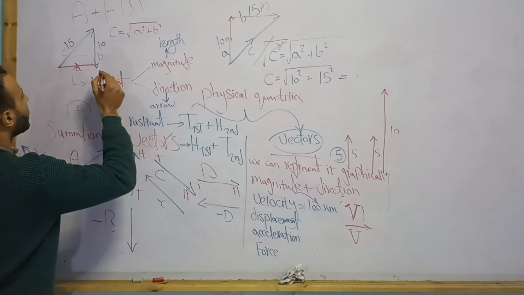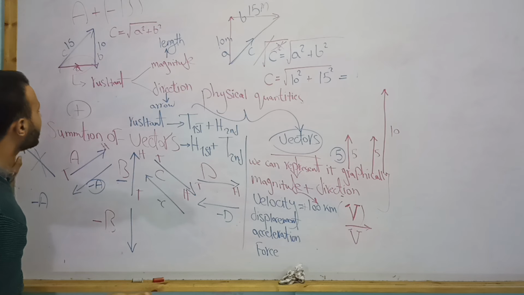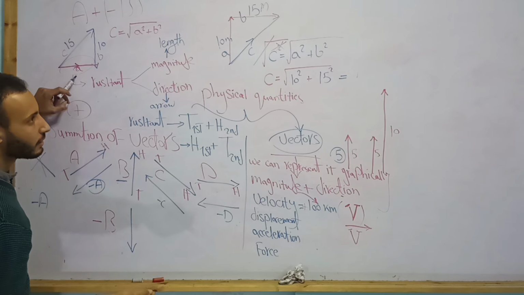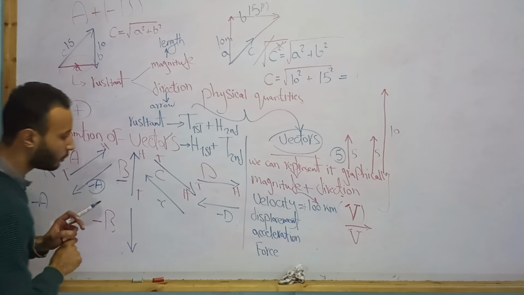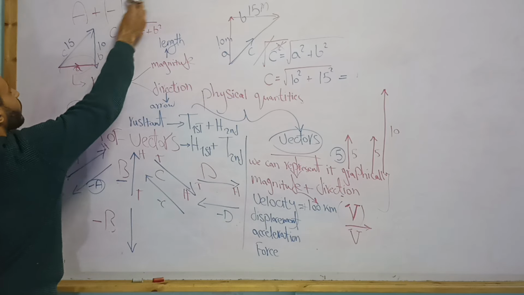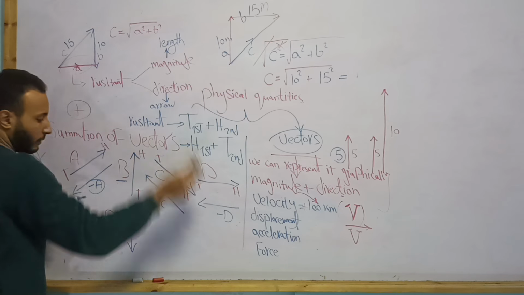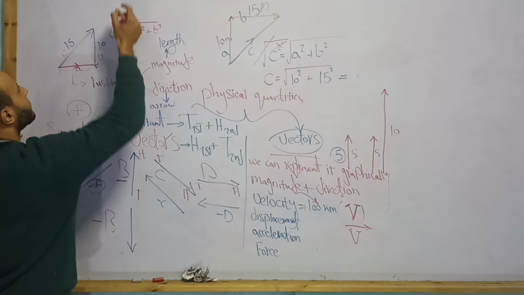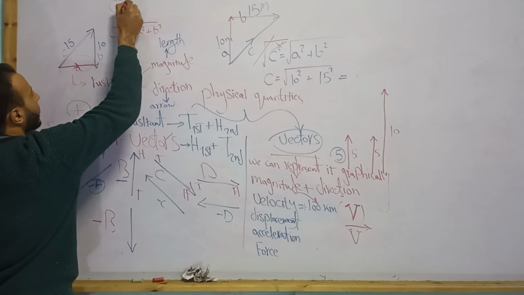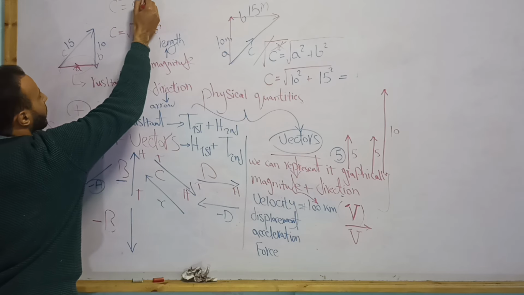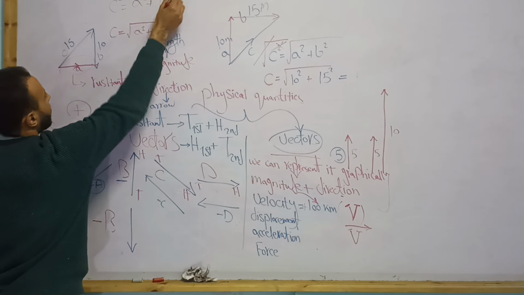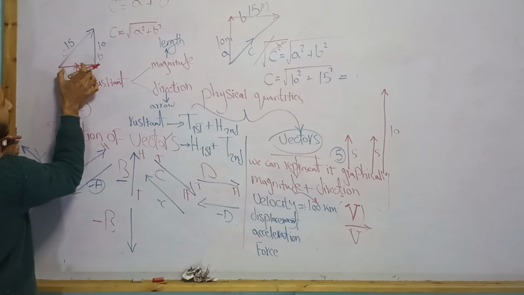Okay, but I don't need the c, I need the a. So we have to go back one step, only one step. I said c square is equal to a square plus b square, and you just want to get the a.